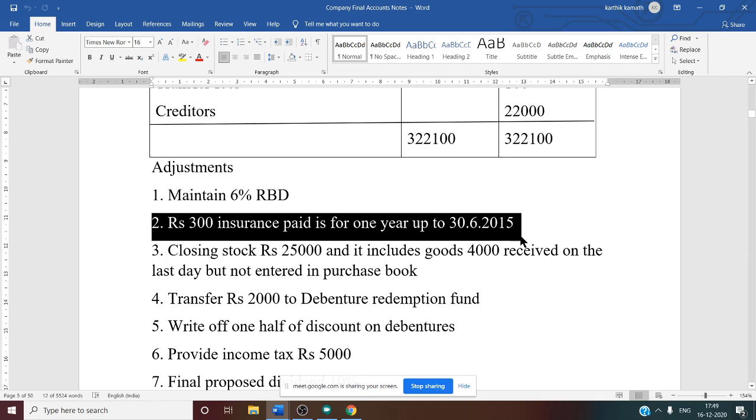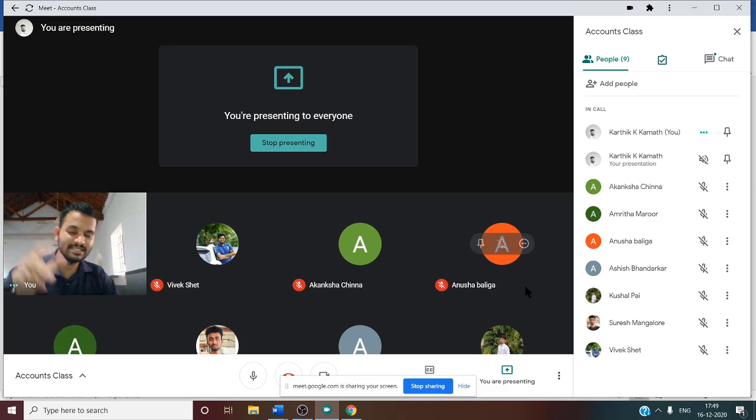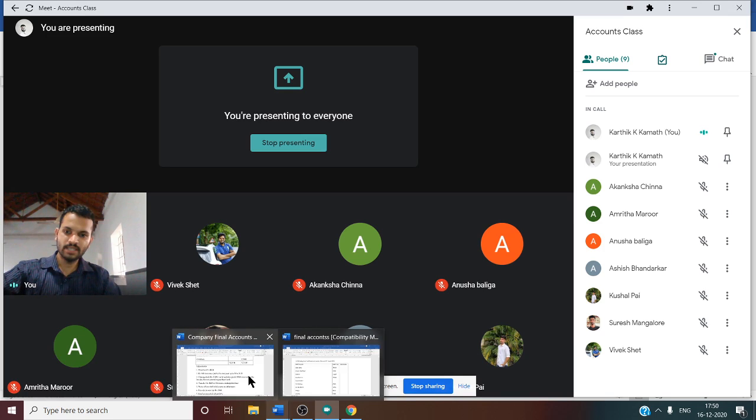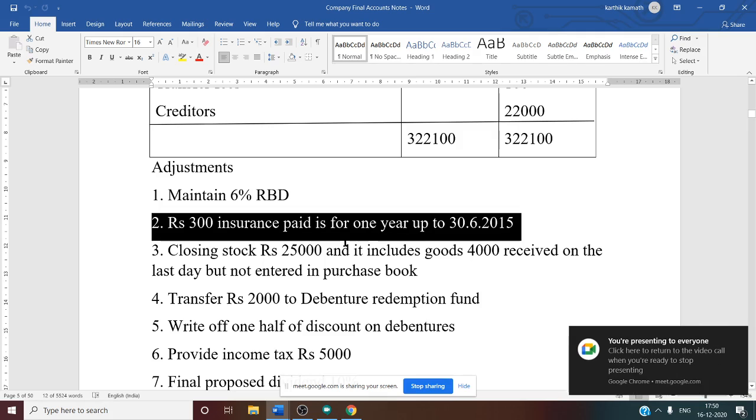That is why this 300 is a prepaid insurance. So we want only 3 months amount. How to get this 3 months amount? That is 300 into 3 by 12. Because only 3 months is prepaid. Insurance is paid for 1 year up to 30/6/2015.